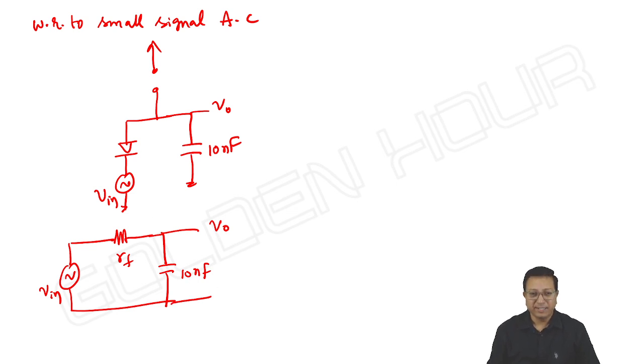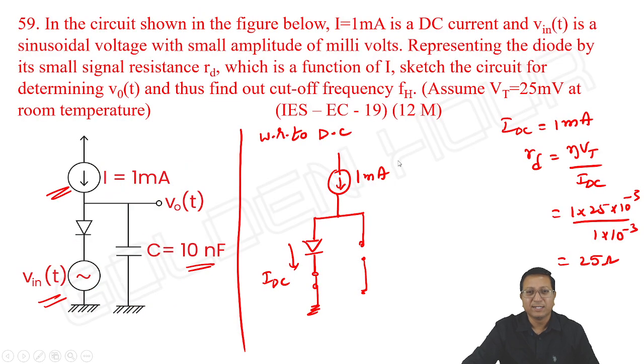Then at higher and higher frequencies, anyway, it's a low pass filter. What is the cutoff frequency? Upper cutoff frequency they're asking. As the circuit is behaving like a low pass filter, what about its cutoff frequency?